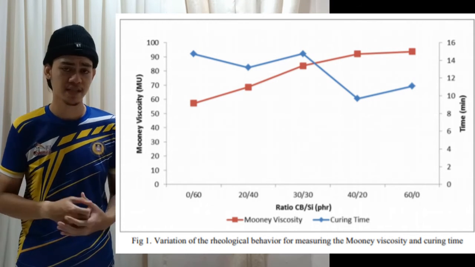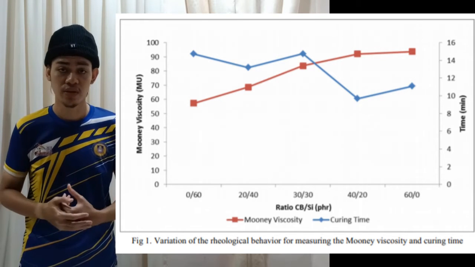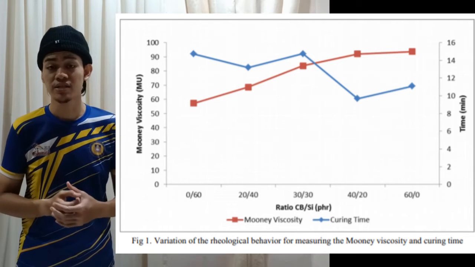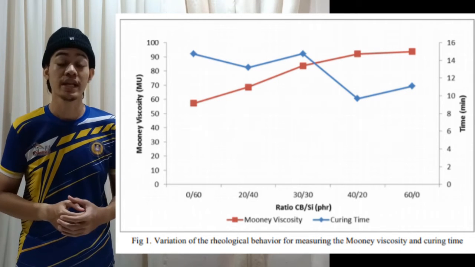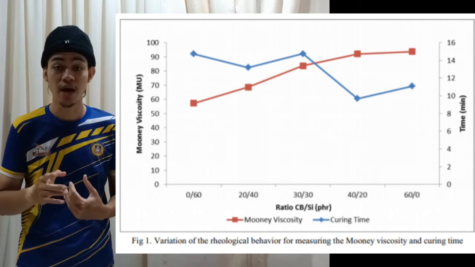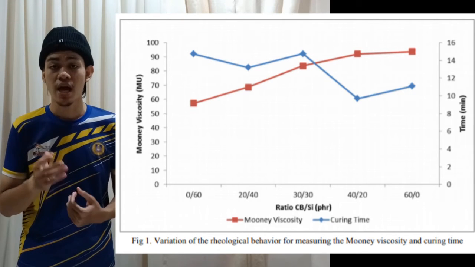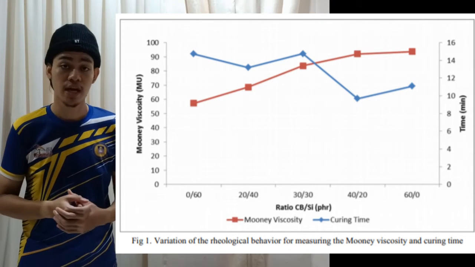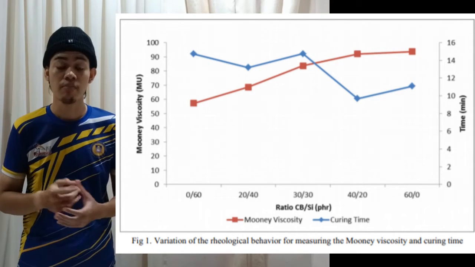On the other side, at 0/60 ratio of carbon black over silica loading, curing time is 50 minutes, while at 60/0 ratio, curing time is 11 minutes. Based on the graph for the processing properties, silica compound has lower Mooney viscosity but longer cure time, while carbon black compound has higher Mooney viscosity but shorter cure time.